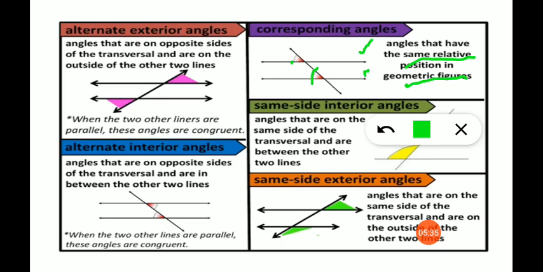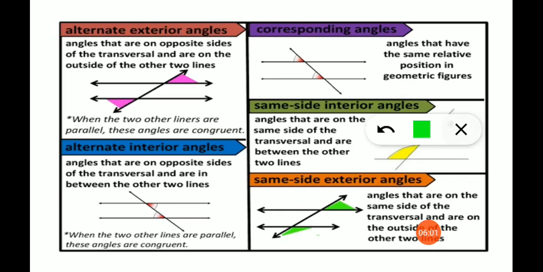If we want to take below, on the right side, suppose we want the right side and below, so this is right side below, and this is also right side below. So if they have the same relative position, then they are known as corresponding angles.